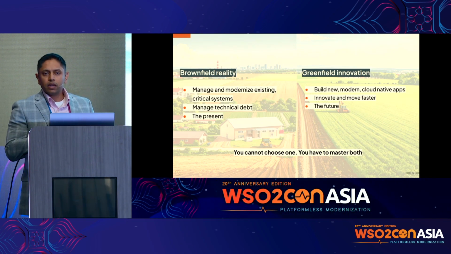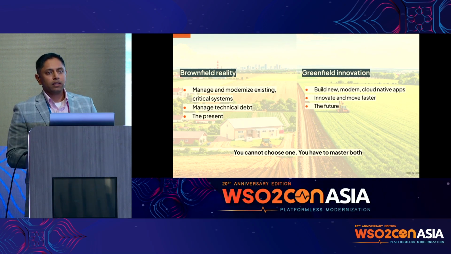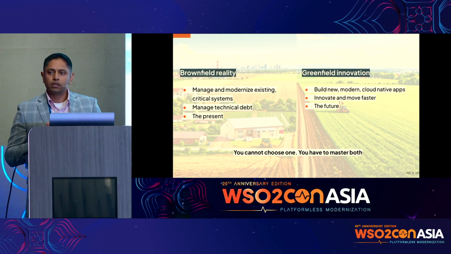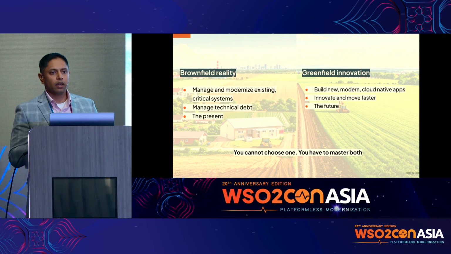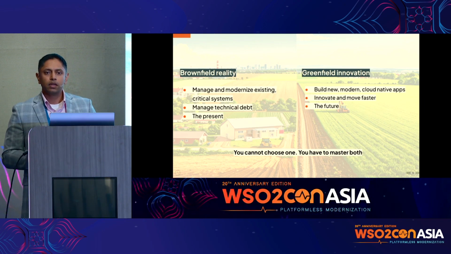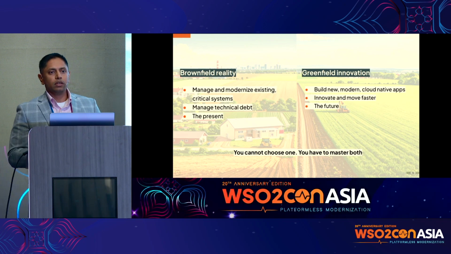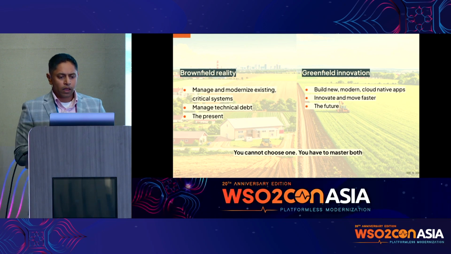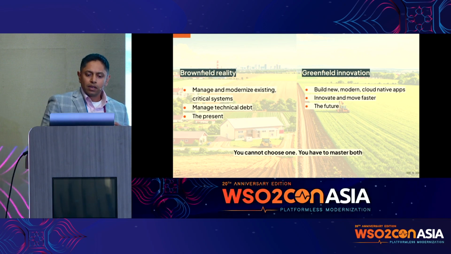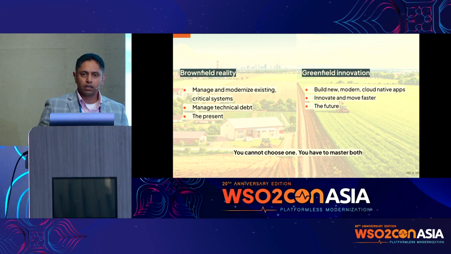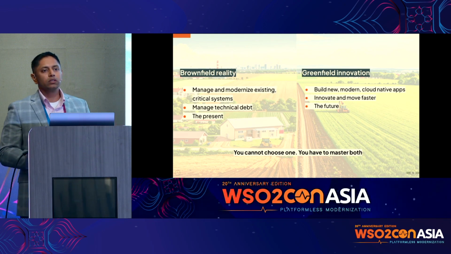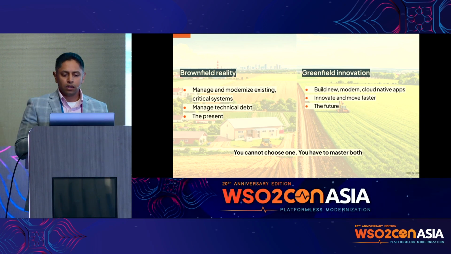On the left-hand side, you have the brownfield reality. This is where your core business systems exist, and these are the business systems and other services and APIs that power and run your organization today. So this has to be managed, it has to be modernized, and you have to pay down years of technical debt for these systems.